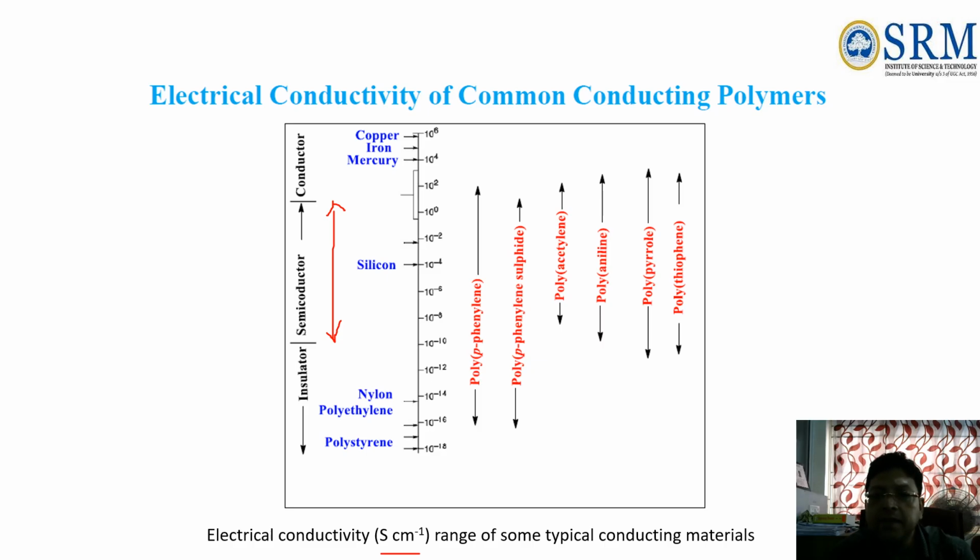On the right hand side, these are the conducting polymers, showing their range of electrical conductivity. For example, polyacetylene, we all know that it is an intrinsic conducting polymer, but by addition of p dopants or n dopants, the electrical conductivity can be enhanced, and even it will be similar to some conductor material. So by tailoring the substituent, the electrical conductivity can be enhanced.